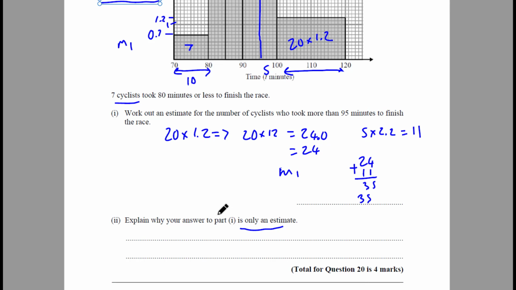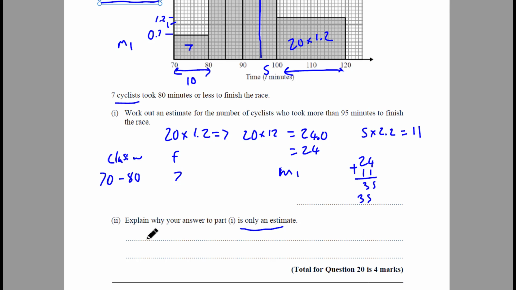So why is it only an estimate in part I? So if you can see, this is essentially, if this was in a table, your table would be 70 to 80 with a frequency of 7, and that's the class width.